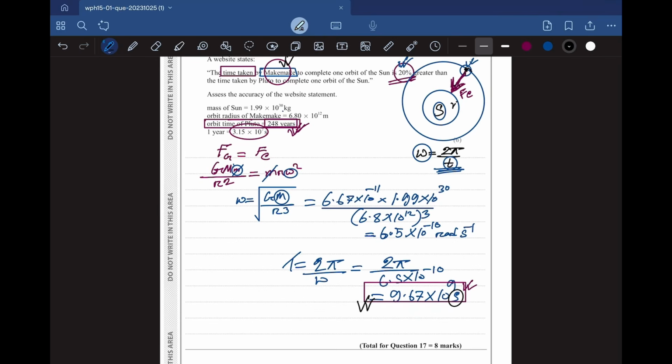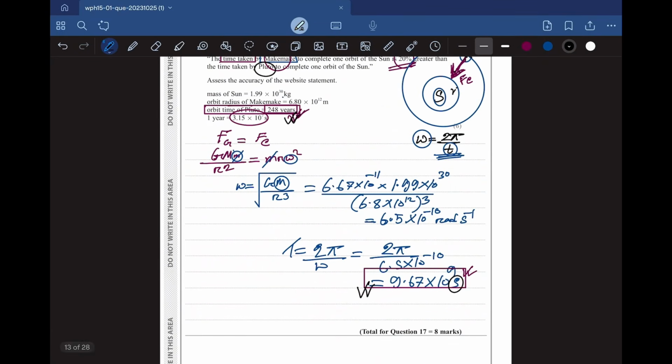But here in the question we will have to compare the orbital time of Makemake with the orbital time of Pluto, and they were saying that the orbital time of Makemake was 20% greater than the orbital time of Pluto. Now they have given us the orbital time of Pluto in years, so to be able to compare, we will have to convert the orbital time of Makemake into years as well. This is given in seconds, so we'll have to convert it into years.